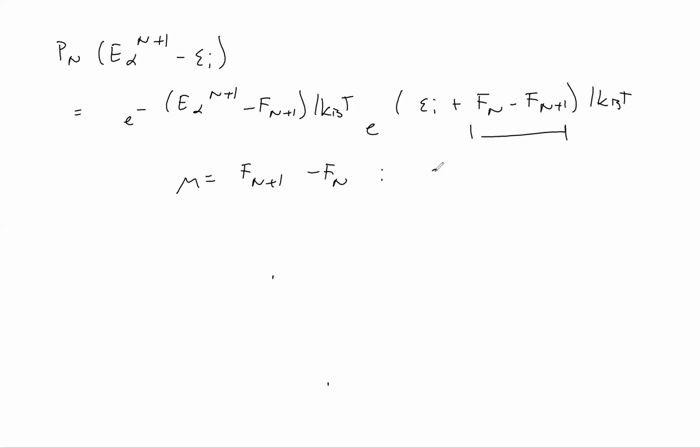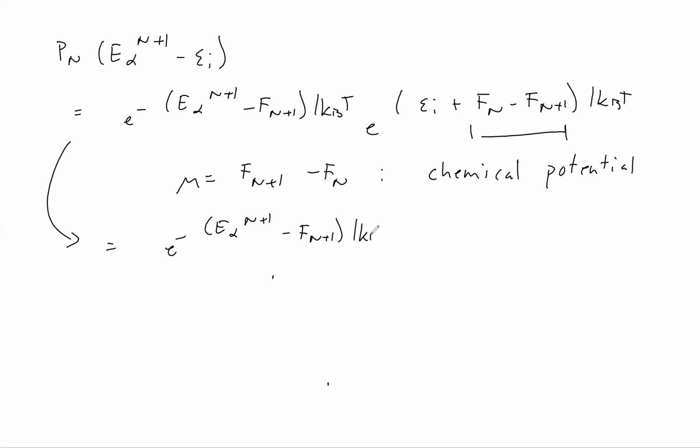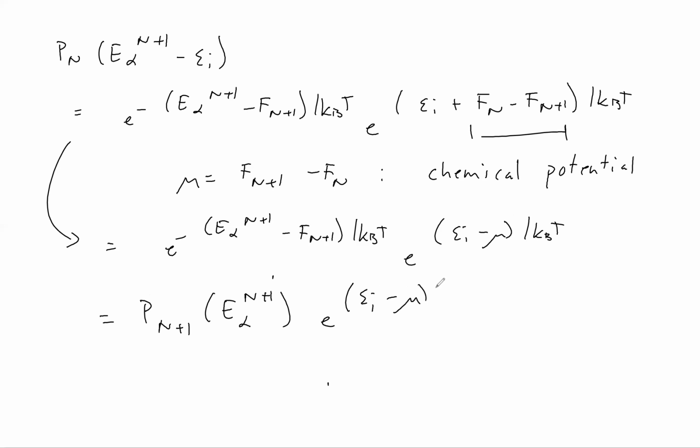This is the chemical potential. So continuing on here, we have this is equal to P_n+1(E_alpha,n+1) times e to the (E_i minus mu) over k_B T.